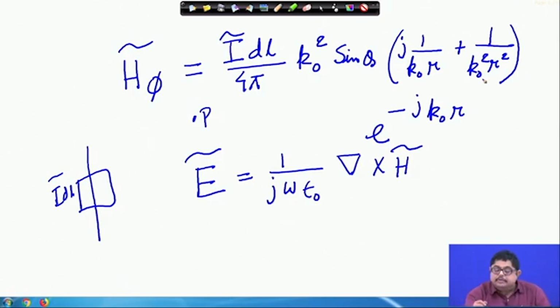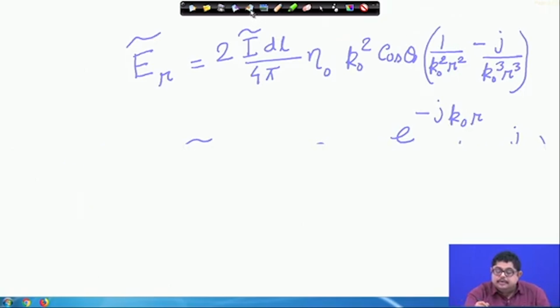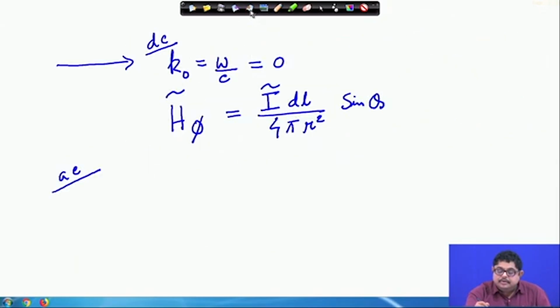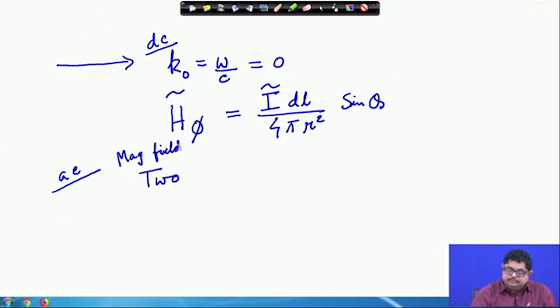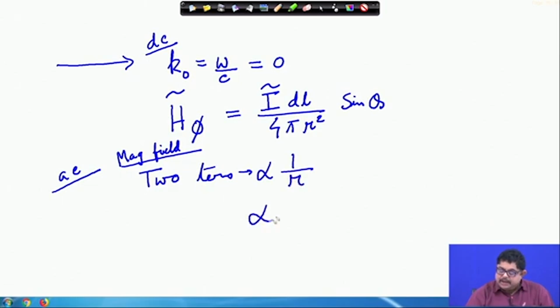So, we have two terms in the magnetic field, one varying with 1 by r, another varying with 1 by r square.